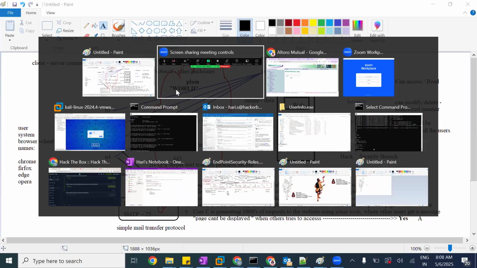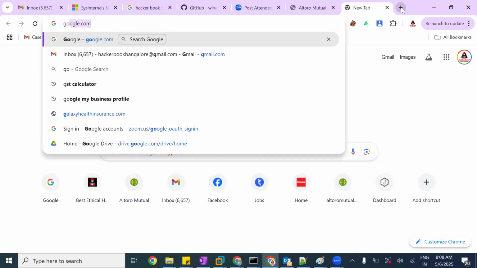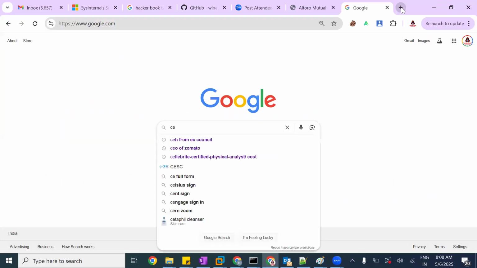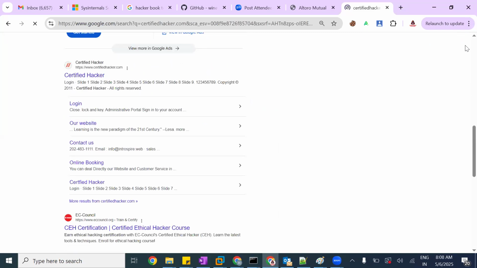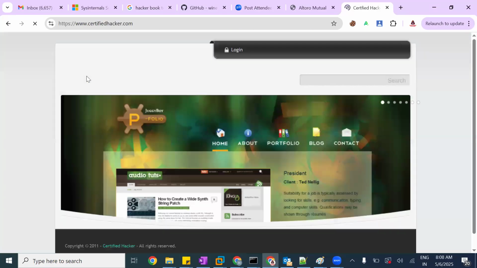Okay, one last website. Again, this is HTTPS. It is very clear.